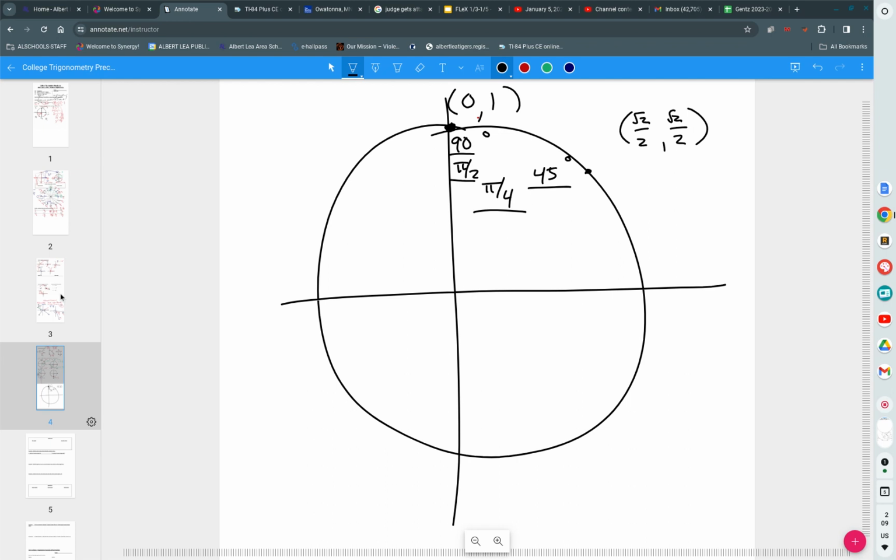The long side is going to be root of 3 over 2. Good. So that means that this coordinate here is the horizontal part, which is the root of 3 over 2, and the vertical part, which is 1/2.